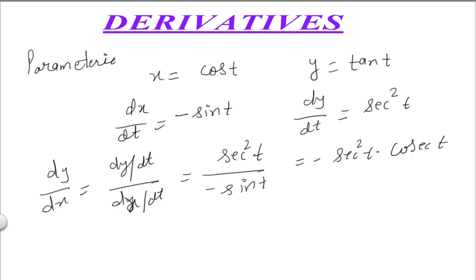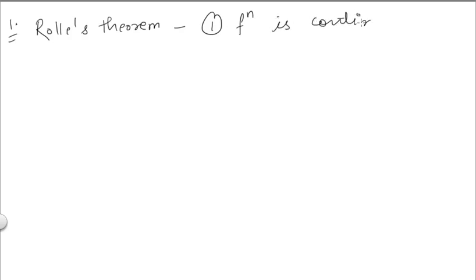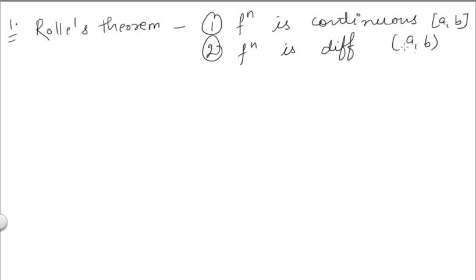After this there are theorems, which is the last exercise, where there were two theorems. The first one was Rolle's theorem. There were three conditions to check the applicability of Rolle's theorem. The first one is that your function is continuous in the given interval, suppose it is a comma b. Second condition is the function is differentiable in the open interval a comma b.